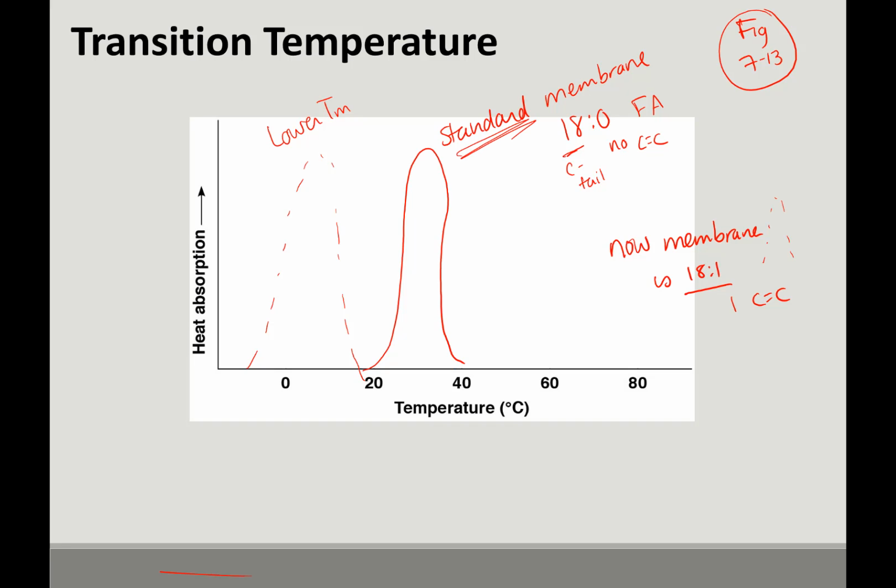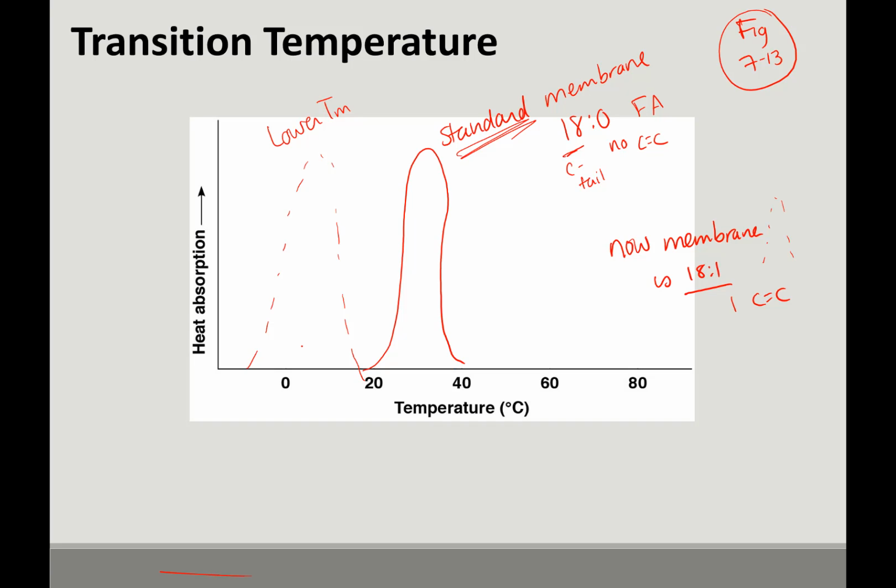Remember, the double bonds put kinks in the fatty acid chains, which makes it not pack as tight. So the membrane actually cannot absorb as much heat before it turns liquidy.